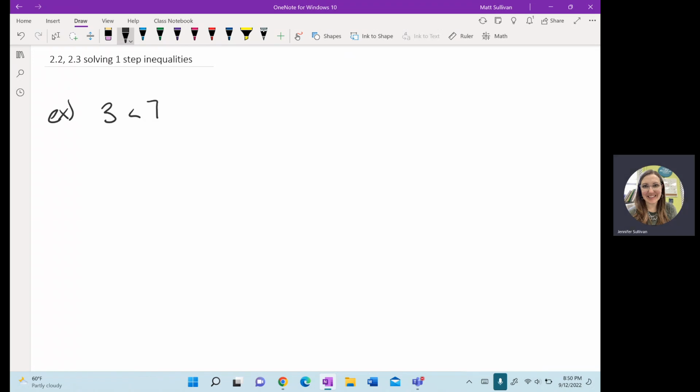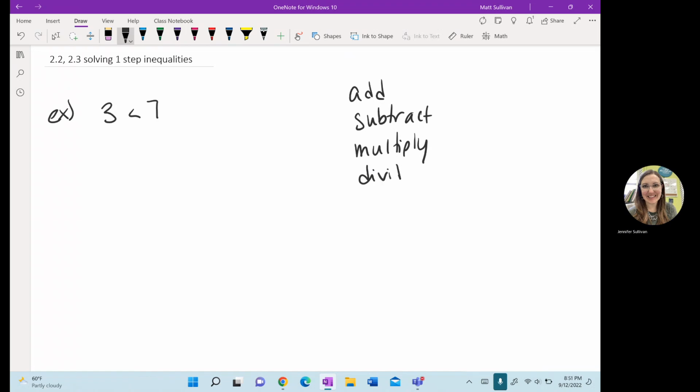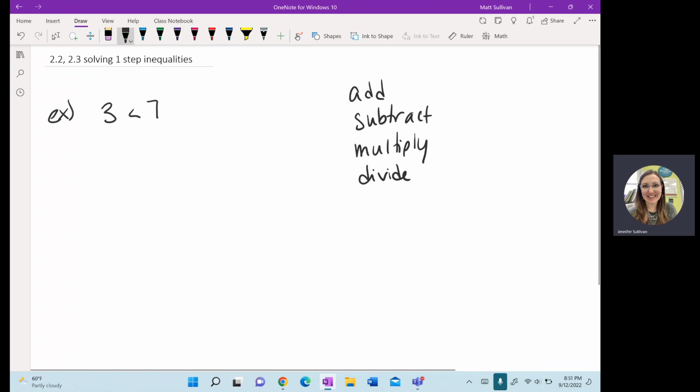But what we're going to do with each of our different operations, we're going to add, subtract, multiply, and divide, one at a time for solving our equations, but I want us to see how does doing each of these operations actually affect my inequality? Does it keep my statement true or does it end up making my statement false?